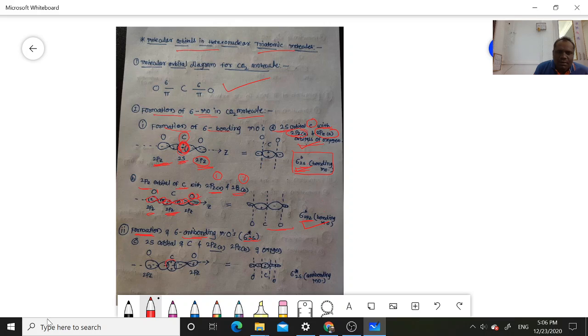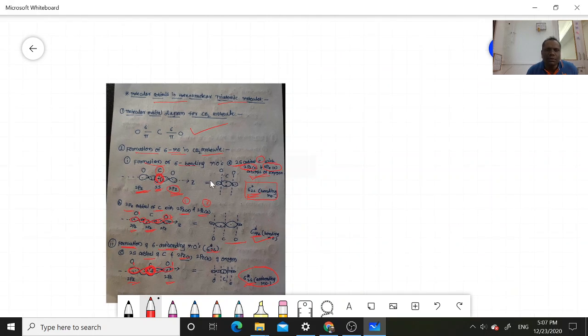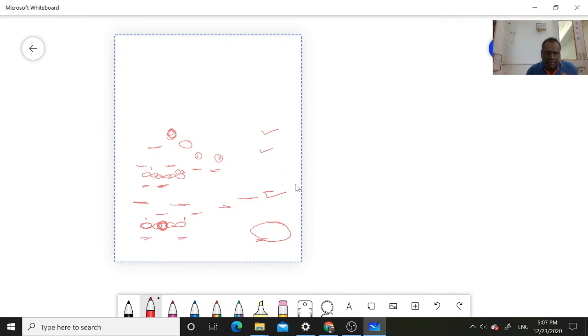So this is the 2s orbital of the carbon atom and the 2pz orbitals of oxygen atom number 1 and oxygen atom number 2, and they form the sigma star 2s antibonding molecular orbital, right? We'll go on in the next lecture, next slide.